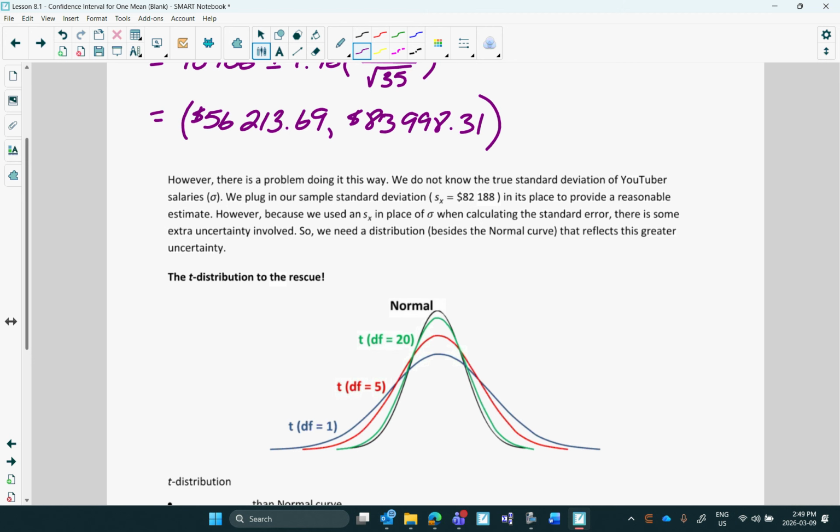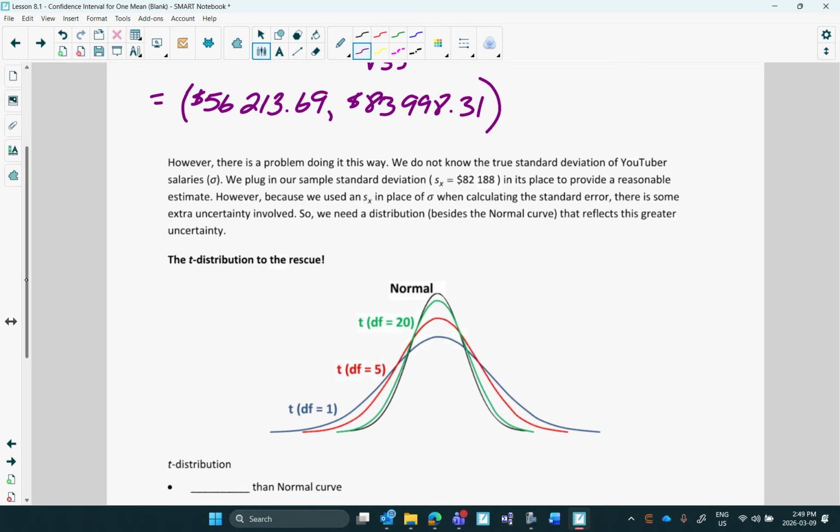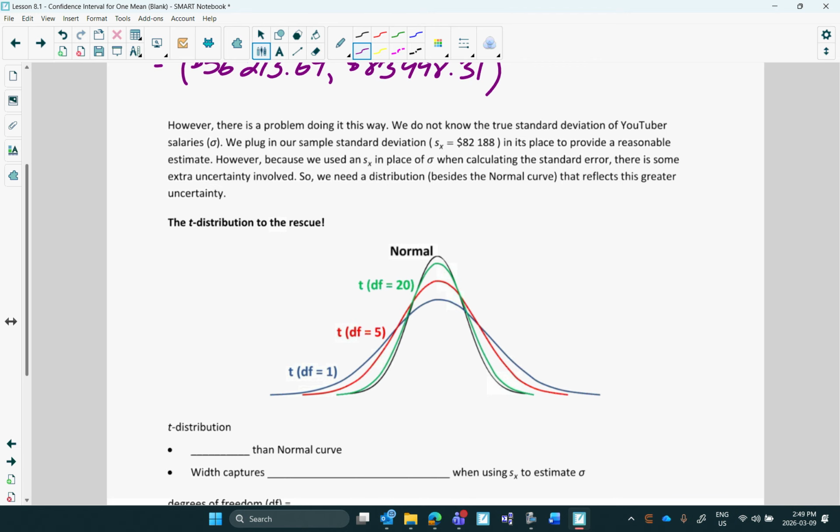We call it the T-curve or the T-distribution. The thing about the T-distribution is it has wider tails than the normal. If you look here, the normal is in black. That's a normal distribution. I'll explain DF in a second.